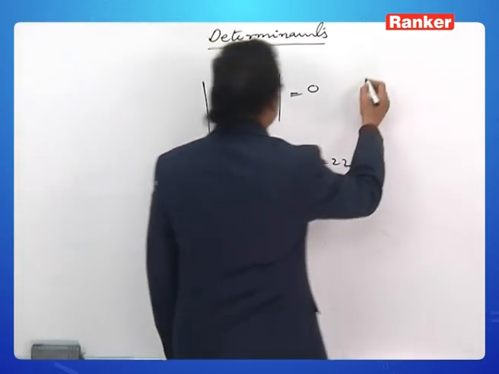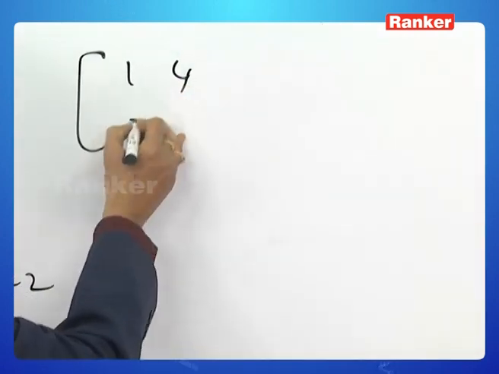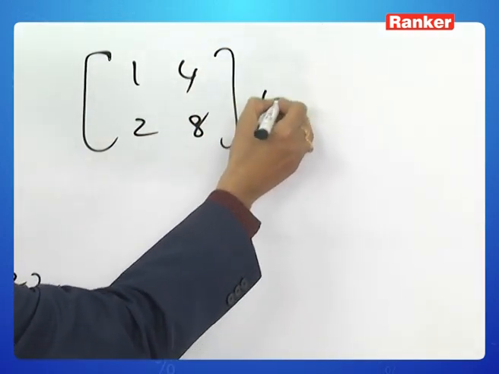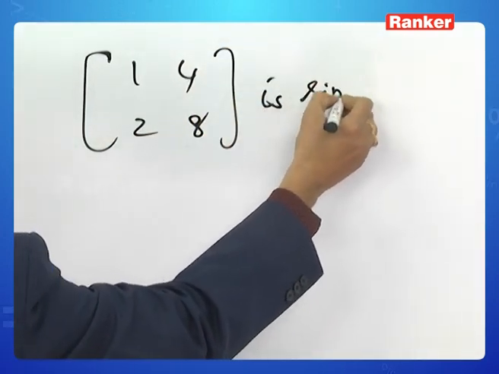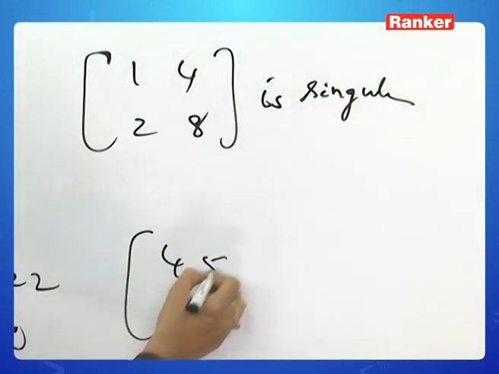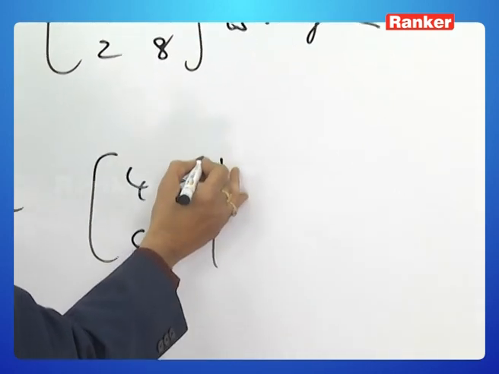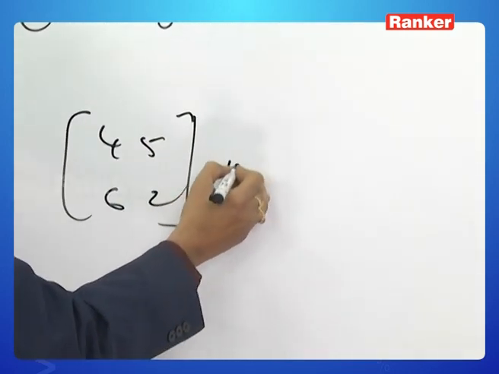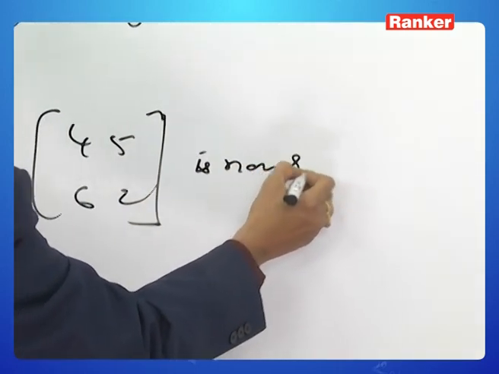Therefore, the matrix 1, 4, 2, 8 is singular, and the matrix 4, 5, 6, 2 is non-singular.